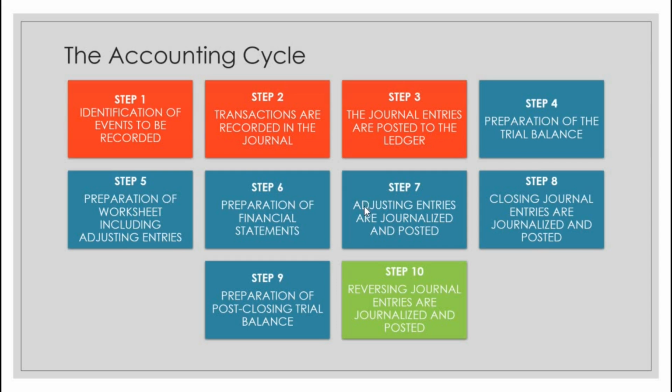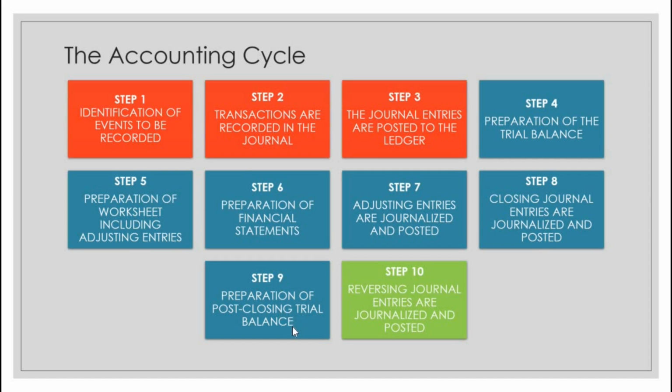Then step 7, adjusting entries are journalized and posted. Step 8 has something to do with closing entries. I have here the closing journal entries are journalized and posted. And then for step 9, it is the preparation of the post-closing trial balance.